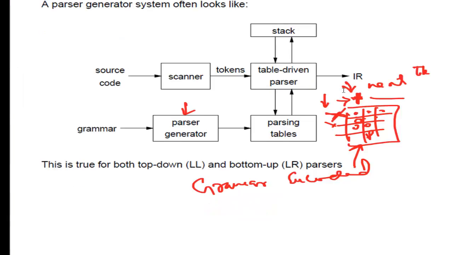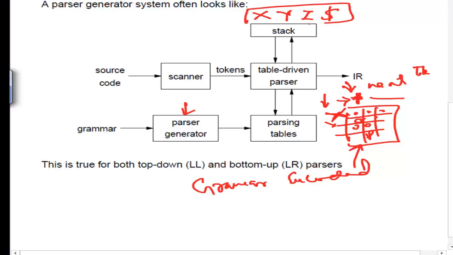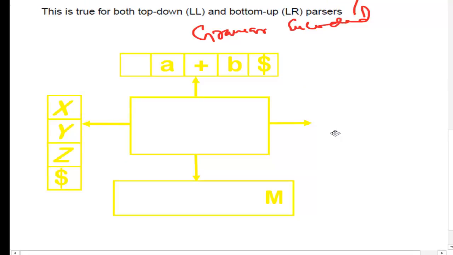For a little visualization, we will have a stack, for example with X, Y, Z and so on, and also a dollar to say this is the end of the input. We will deal with it in detail, but I'm just giving you a visualization.